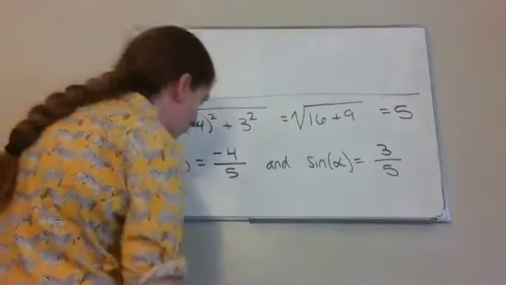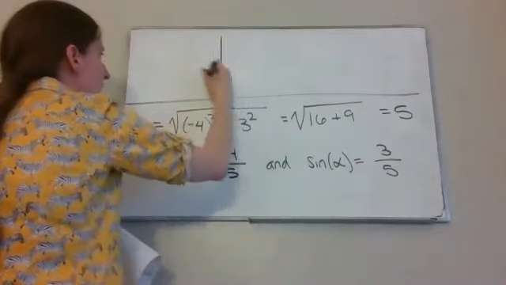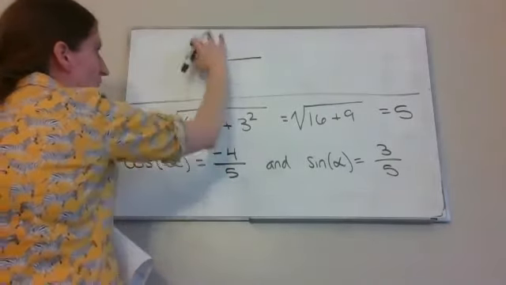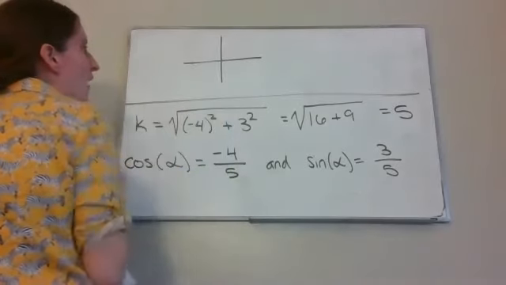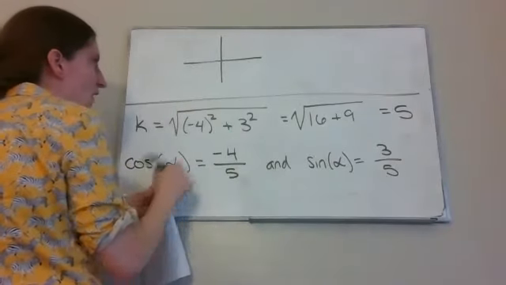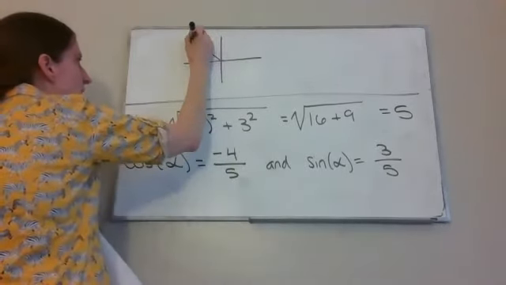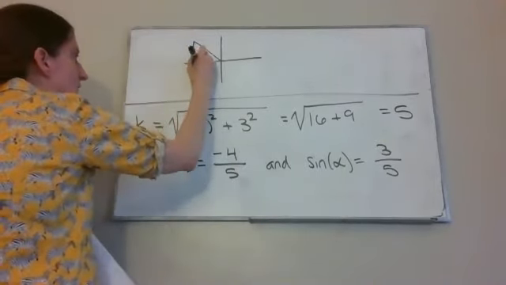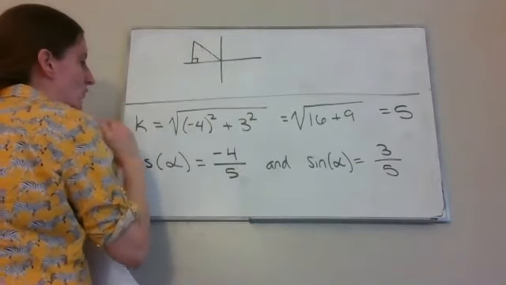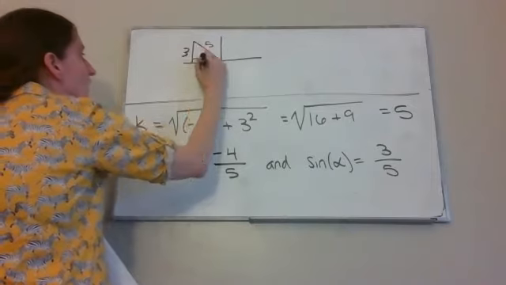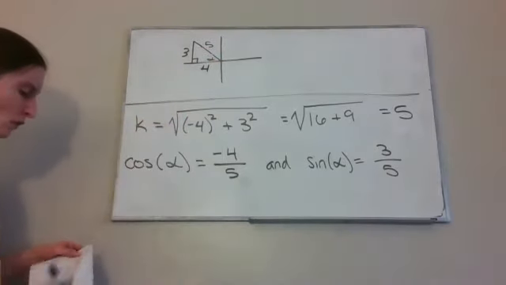So let me draw a picture of where alpha has to be. Well, my sine is going to be positive, so it's somewhere up in this upper half. But my cosine is negative, so that means I have to be over here in quadrant 2. So my alpha is over here in quadrant 2, hypotenuse is 5, opposite 3, adjacent 4.